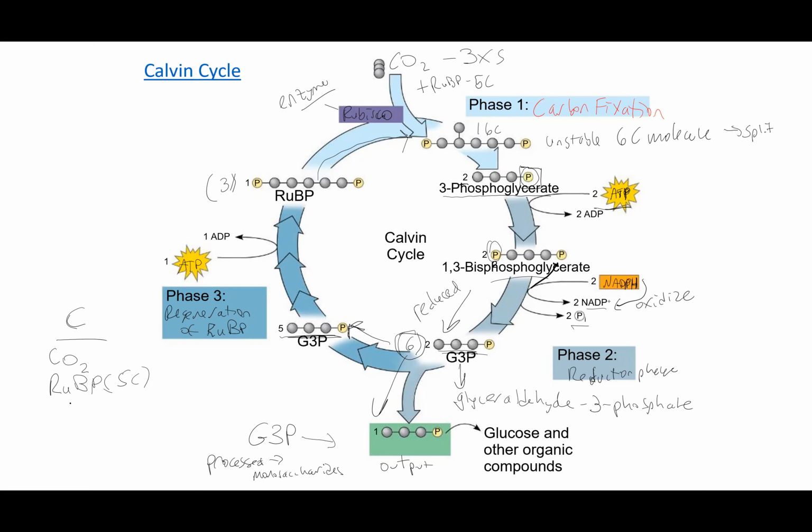And at the end, we end up with G3P, which is a 3 carbon molecule, and another RUBP molecule. Well, 3 of them actually. So we didn't lose any carbons, we just spent a lot of time rearranging carbons and getting one carbon that we want as output and then just regenerating the other one so we can keep on going and going and going and going.